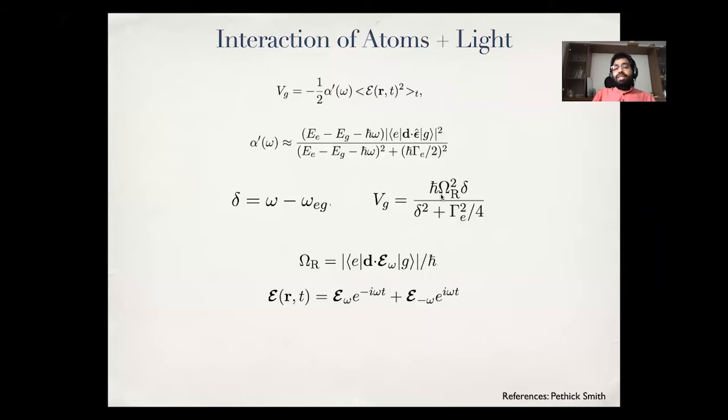That spatial dependence all goes into the so-called Rabi frequency. And basically, if I set gamma to 0, my potential just becomes h bar omega squared over delta, and omega squared has the magnitude of the applied electric field and also the position dependence of the applied electric field.